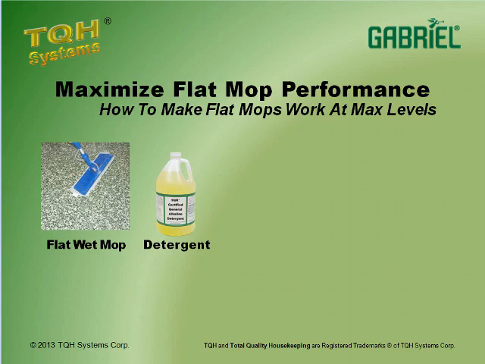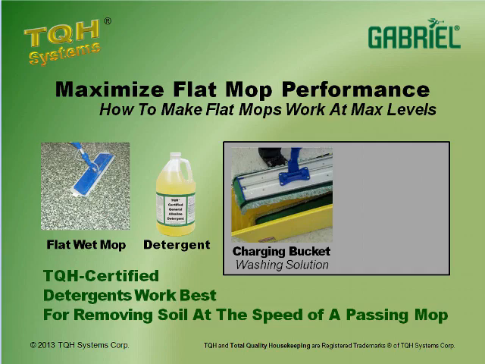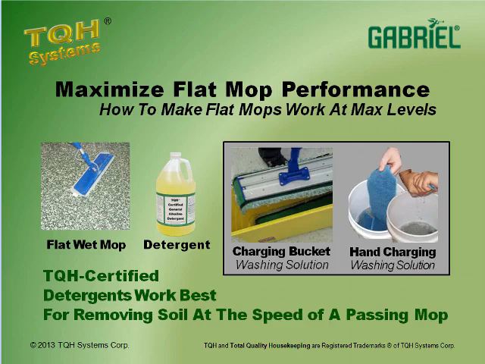A high performance detergent is a must, and then you can use either a charging bucket where you might have 20 mops in there and you have your mopping solution, or you can simply take a 5-gallon pail, mix up some mopping solution, put the flat mops in there, and as you need them, wring them out and go forward and use them. TQH certified detergents work best for removing soil at the speed of a passing mop.